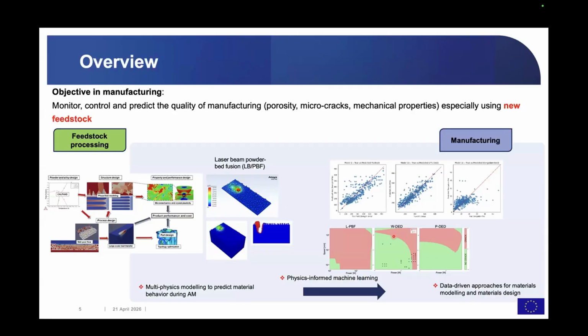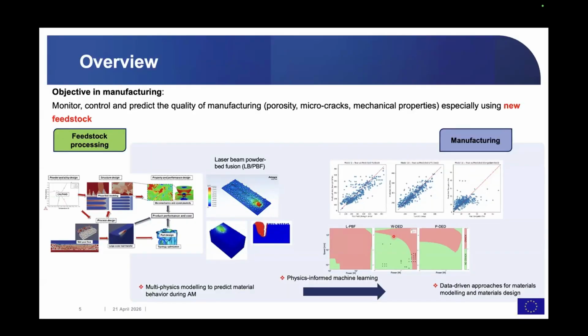In the previous talks we saw the new feedstocks in the REPAM project, like the wires and the powder-cored or chip-cored wires being developed. There are many models that can be used for this, but can we really see that these modeling approaches also work for these new feedstocks?